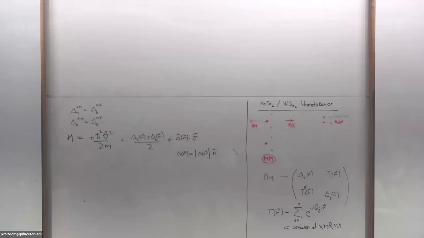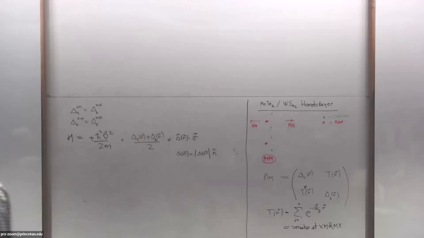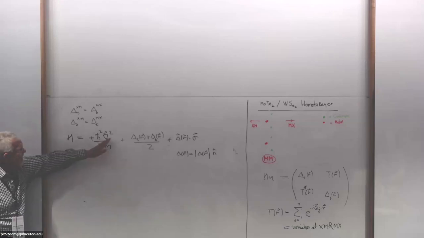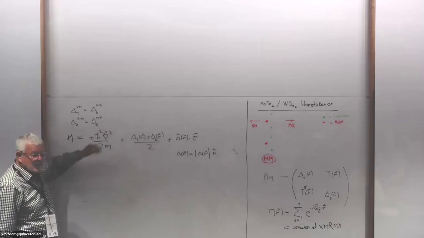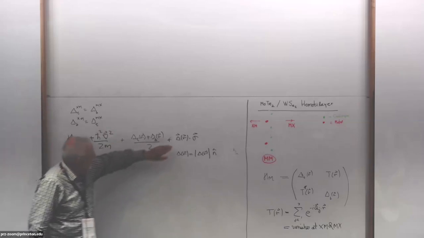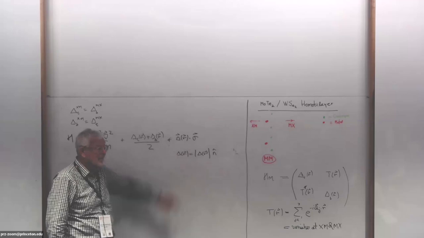So if we have a small twist angle in these homobilayers, that means that the moiré period is long, right? And that means that this kinetic energy term is not so important. So let's forget about this kinetic energy term for a moment and think about what the solution of this equation is as a function of position.